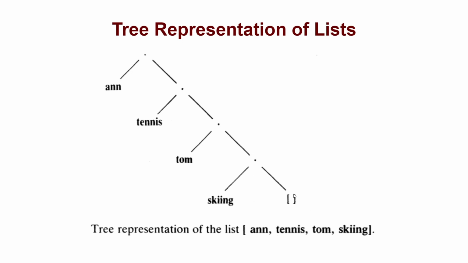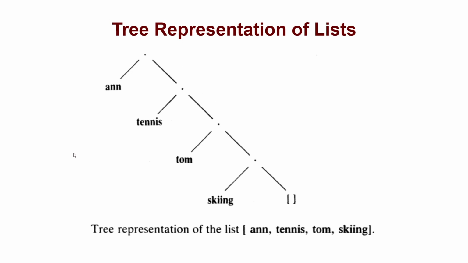And what happens when the remaining list is empty? When the remaining list is empty, the list has only one element, in this case the first element skiing, which is the only element of the list. The right side is the remaining list, and this is empty, so we just represent it like so. This is the empty list.